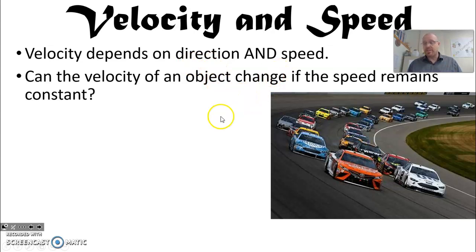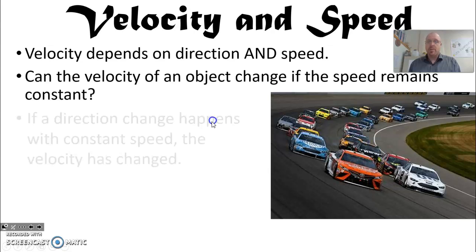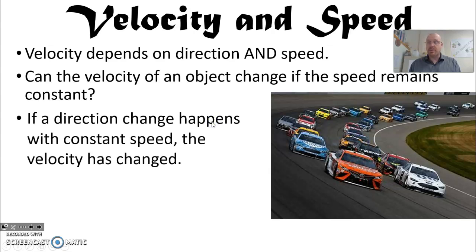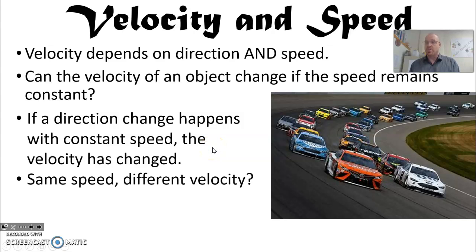So think about these cars that are going around a NASCAR track. Their speed is pretty much constant, especially if they have those nice high banked corners, but their velocity is constantly changing because they're constantly changing direction. So if your direction change happens with a constant speed, the velocity has changed because we've changed our direction.